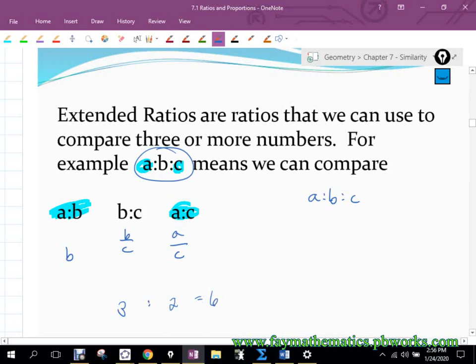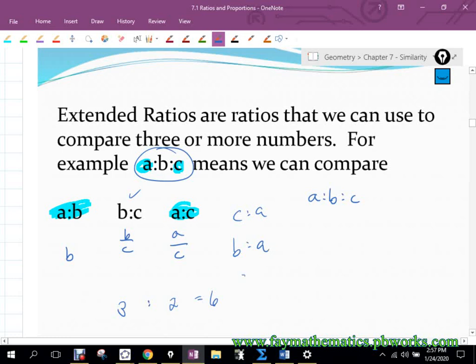Okay. And I've only got this. I've got A compared to B, A compared to C. We can go B compared to C, which I've got. Okay. And we go C compared to A. Okay. And then we can go B compared to A. And what's the next one?